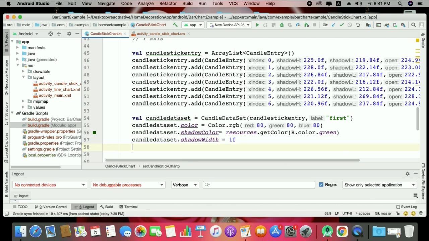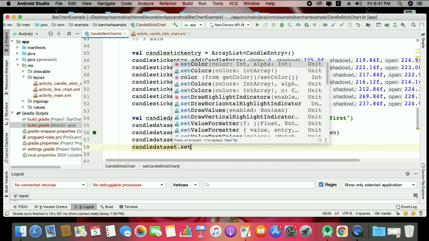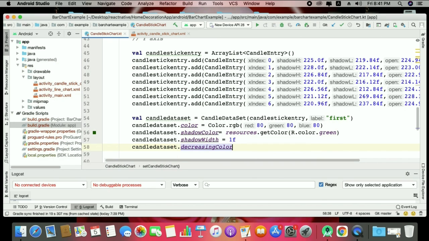And now that's an important part, that is candle data set dot set decreasing color. That means a candle which shows the down prices, and we discussed that in the stock market.